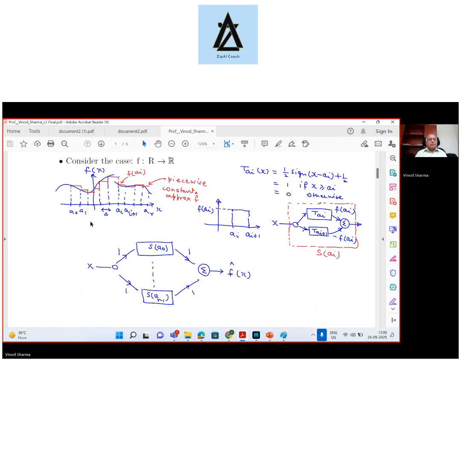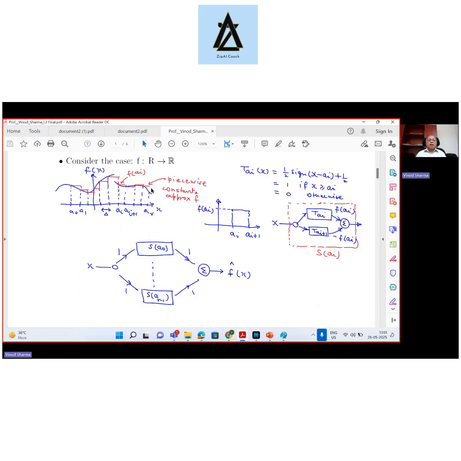And we will approximate this function f by this piecewise constant function f hat, and this approximation is given by the red quantity. So therefore, f during the interval a0 to ar will be approximated by f hat, given by the red line.